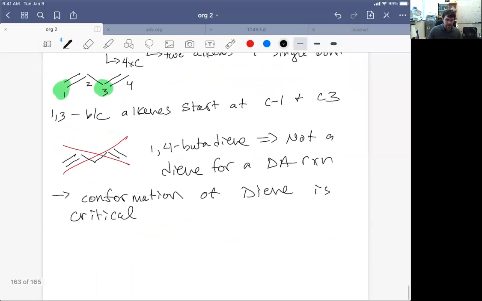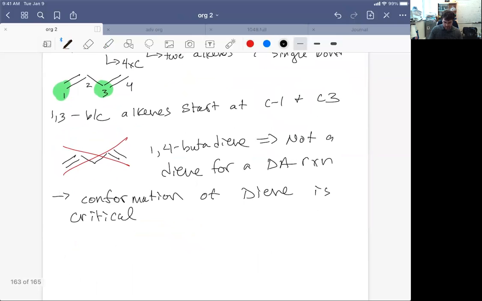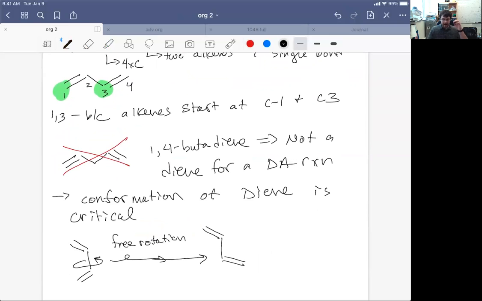That is, when we have a diene, we can actually undergo free rotation, not about the carbon-carbon double bonds, but about the carbon-carbon single bond separating those two double bonds. So let's do a free rotation. If we do a free rotation, we could spin one of the alkenes out and away from the other one.